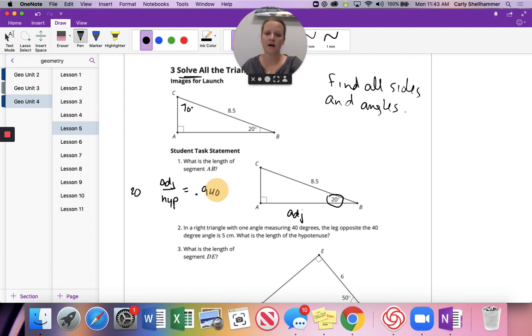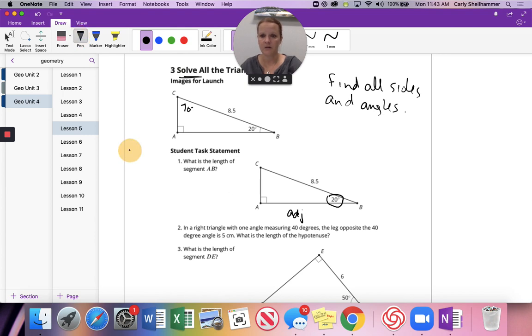And we know our hypotenuse value, so I can replace adjacent over 8.5 equals 0.940. I have done a very poor job laying out my work, so I'm just going to rewrite all of that because that will be very annoying.